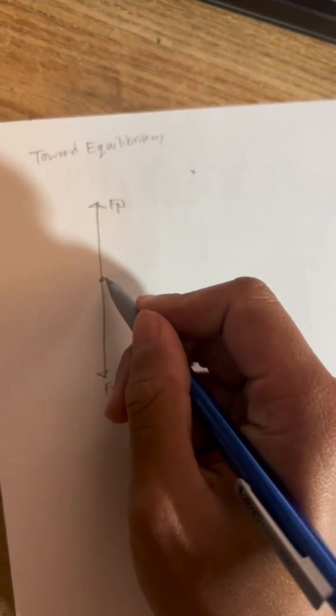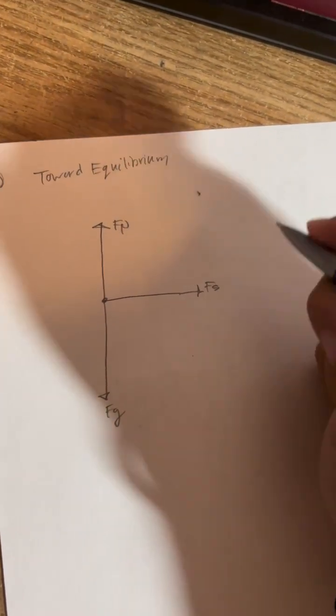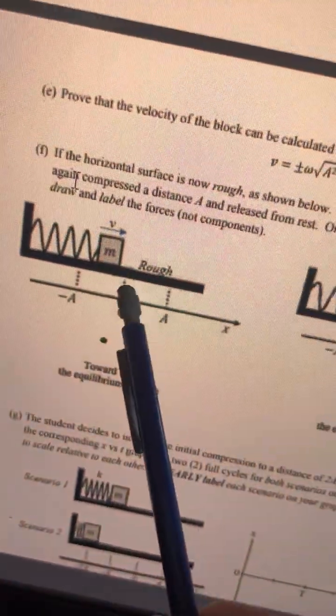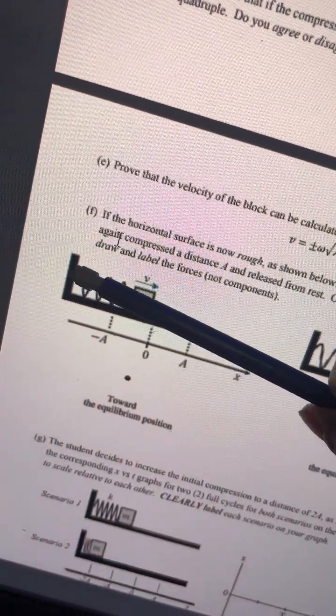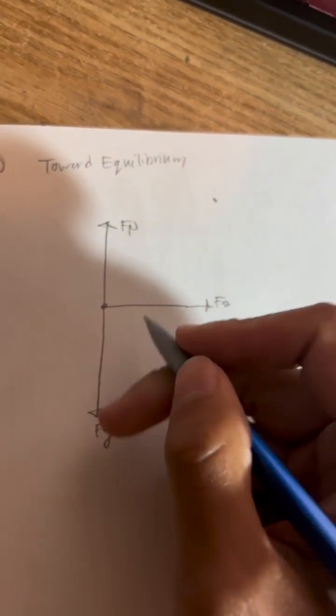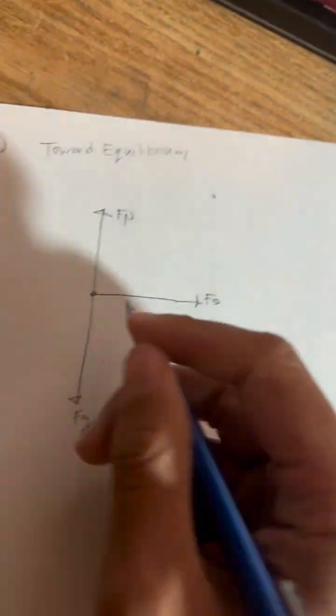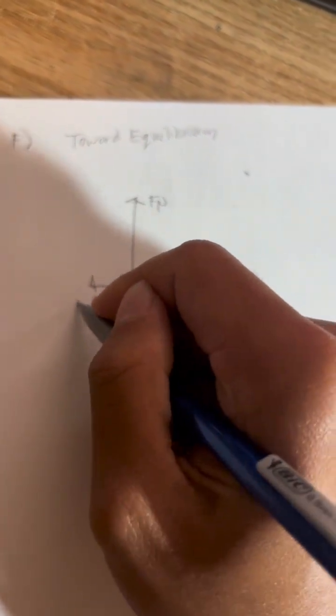And right here we have the spring force, because you'll see that the spring is getting compressed. So when it's getting compressed, this spring wants to push it back out. So that's why the spring force is going to the right. But the surface is also rough. So there's some force that's going to hold it back behind.